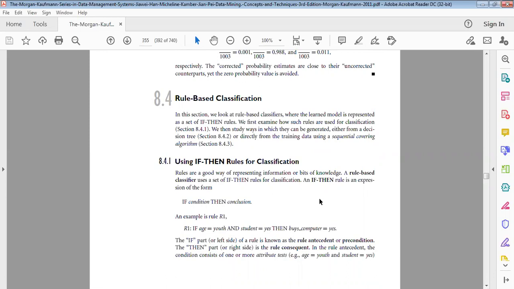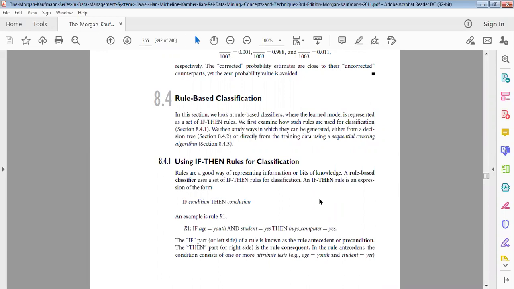A rule-based classifier uses a set of if-then-else rules for classification. An if-then-else rule is an expression in the form: if condition is true, then conclusion. If the age is youth and the student is yes, then buys computer is yes. That is the way you have to say it.